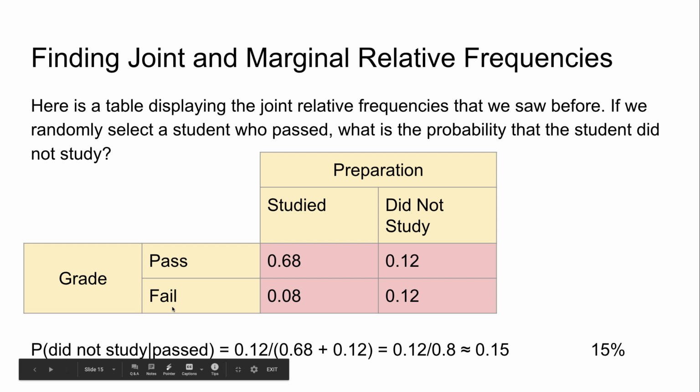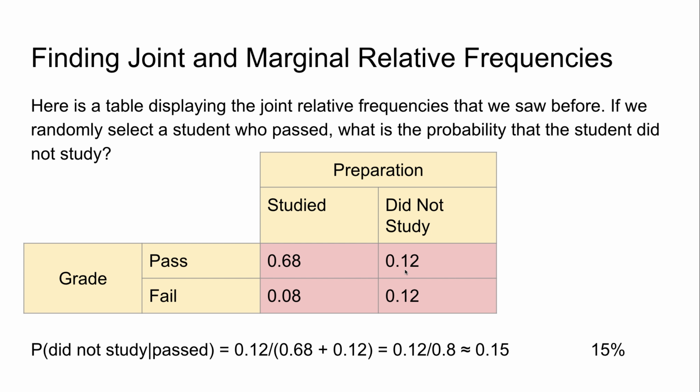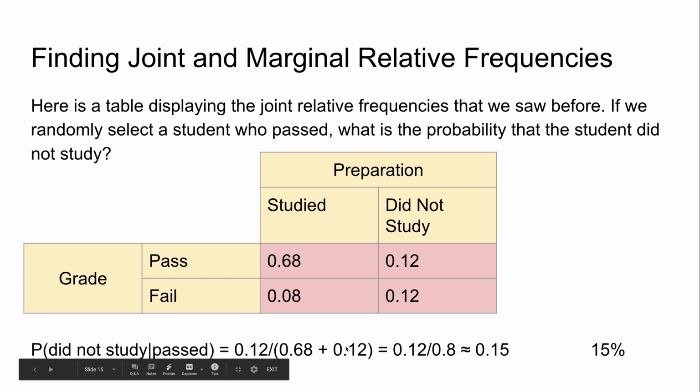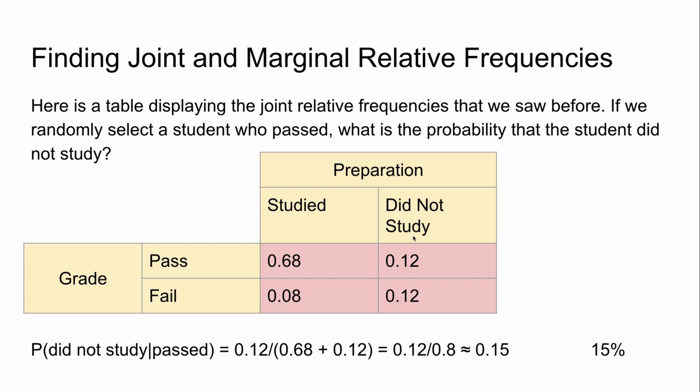So we take this 0.12 for students that did not study and passed, and we divide by just the total number of students that passed.